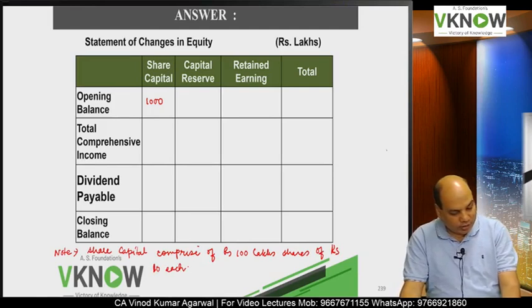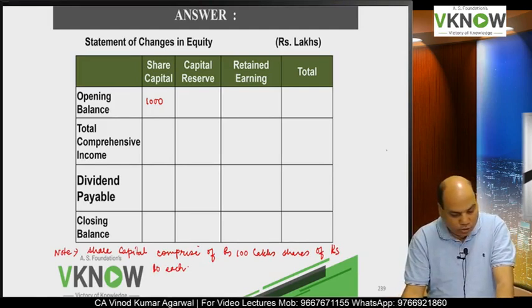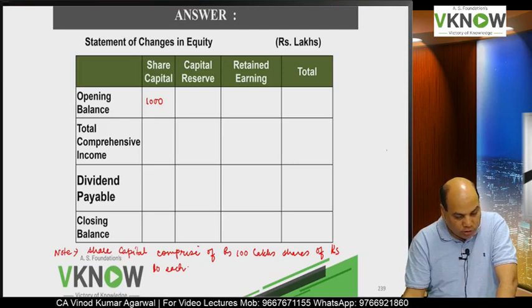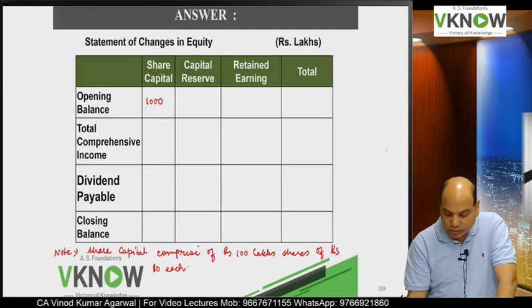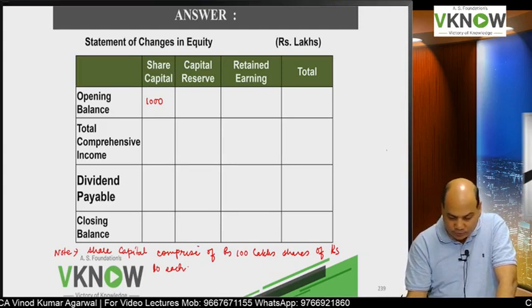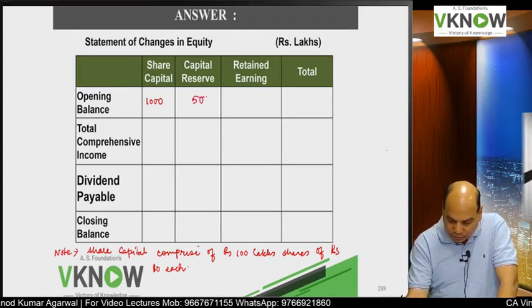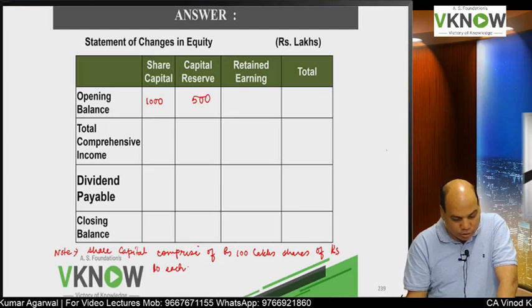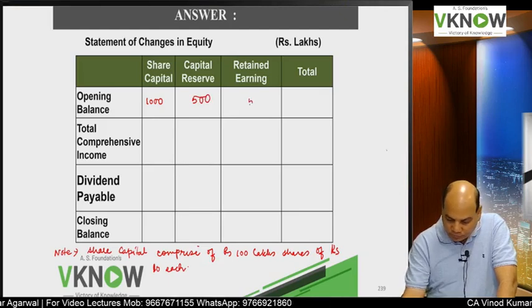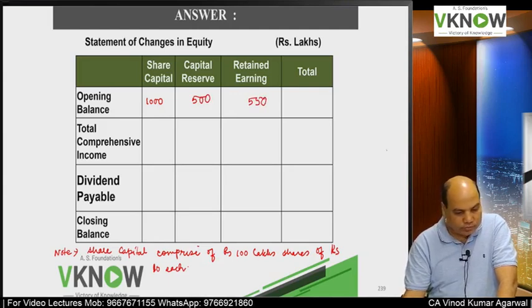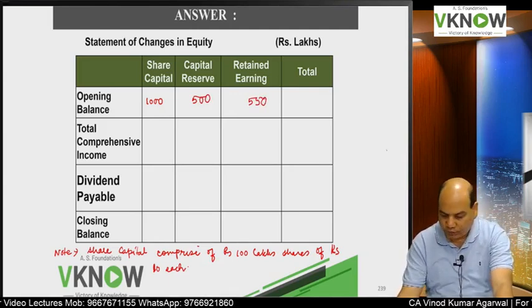Then next line is reserve and surplus. In your question book, come to note number 1, and on the screen SOCI, capital reserve 500, retained earning opening balance 550, total in the last column 2050.